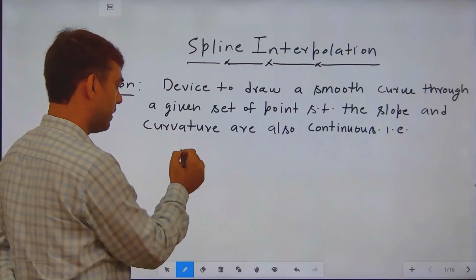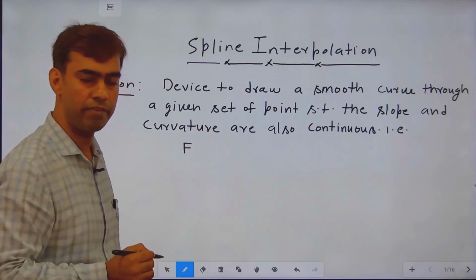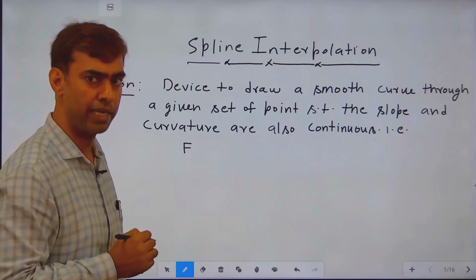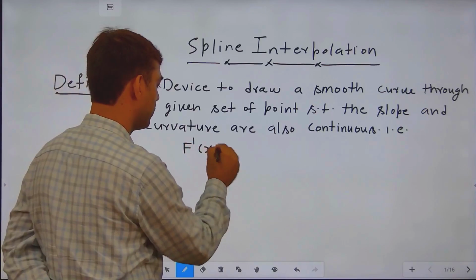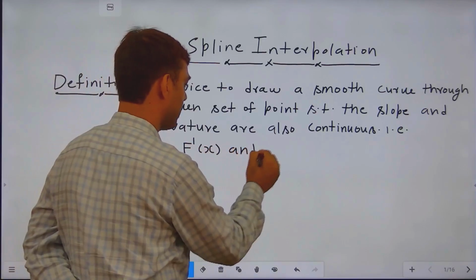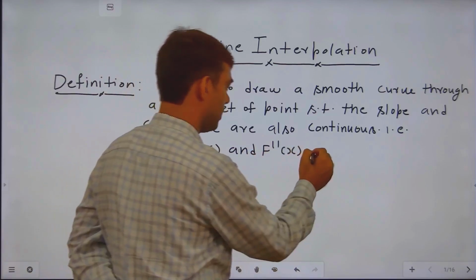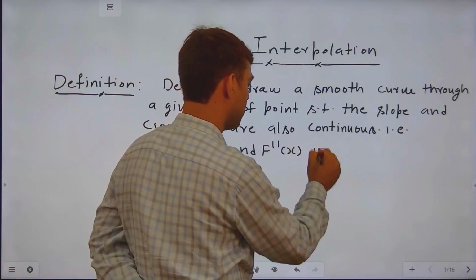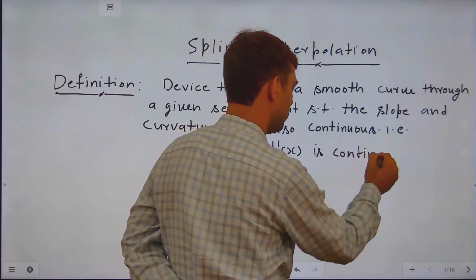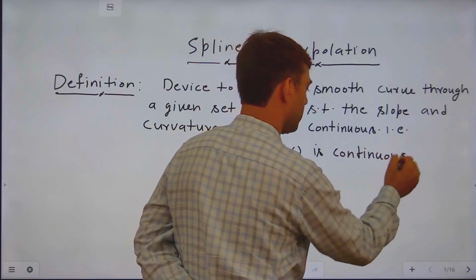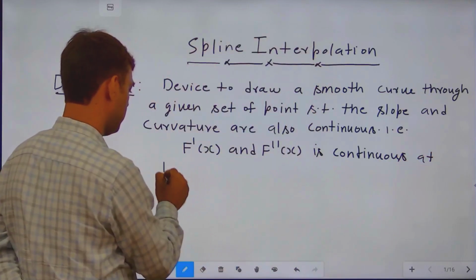You may also say that if we assume f(x) is a spline curve, then f'(x) and f''(x) are continuous at the knots.